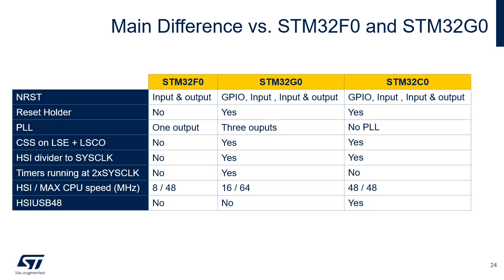Regarding STM32C0, the timer clock TIM_PCLK runs at the PCLK frequency if the APB prescaler division factor is set to 1, or twice the PCLK frequency otherwise, meaning timers can reach the system clock's maximum frequency. HSI USB 48 is a new feature offered by STM32C0.